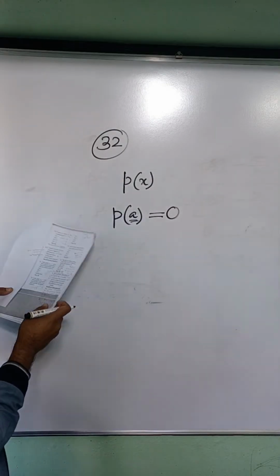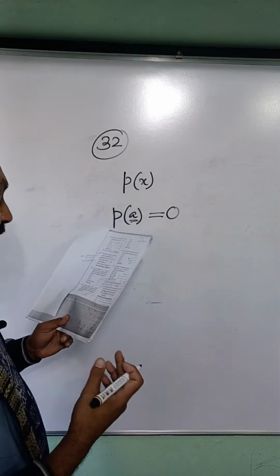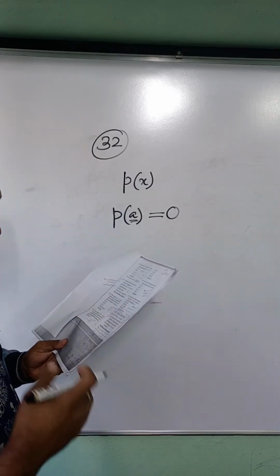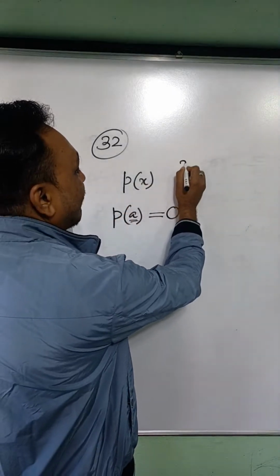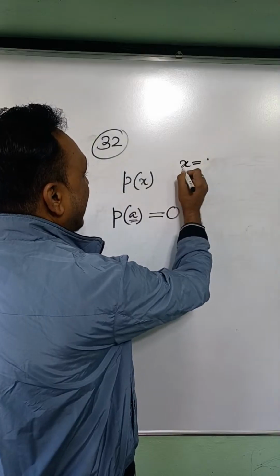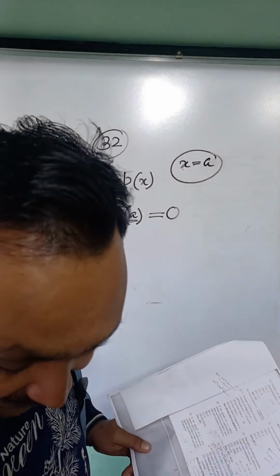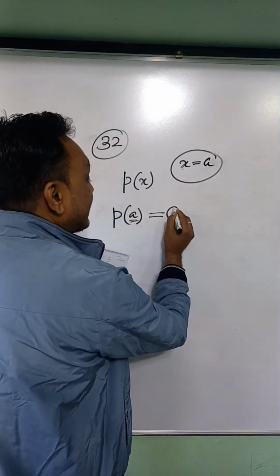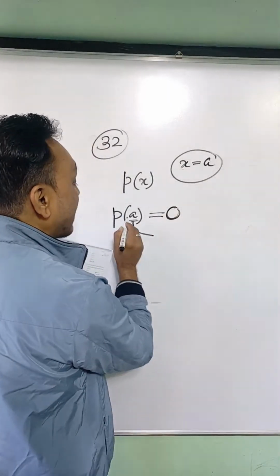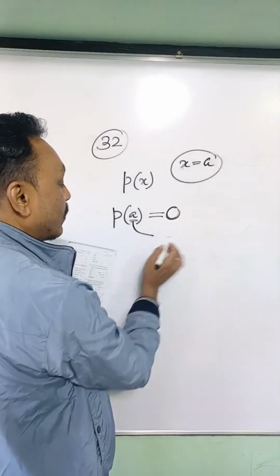So remember, the value at which the expression becomes 0 is called the zero of the polynomial. We put the value of x as a. When we put x equal to a and, after putting it, the result is 0, then the polynomial becomes 0.